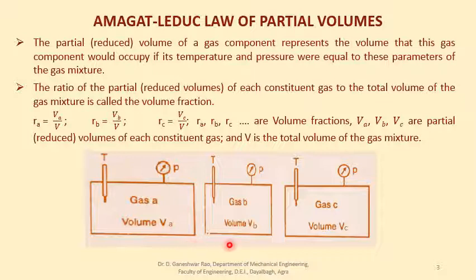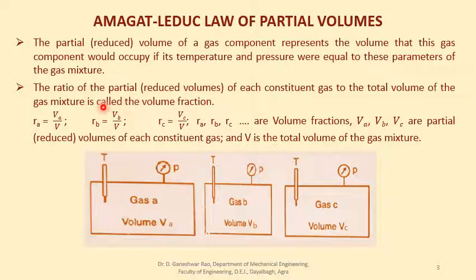Similarly, when gas B is filled in the container and same temperature and pressure is maintained, then let us say it occupies volume Vb. Similarly, in case of gas C, it occupies volume Vc. These volumes Va, Vb, Vc are called reduced volumes or partial volumes of gas components.